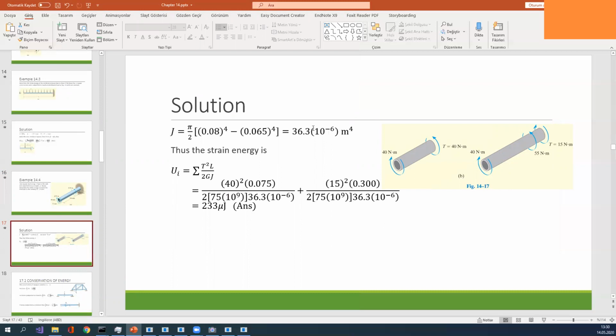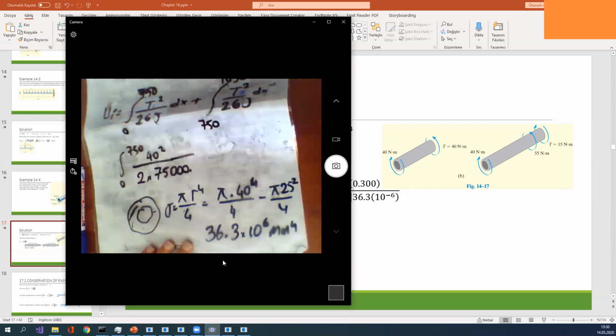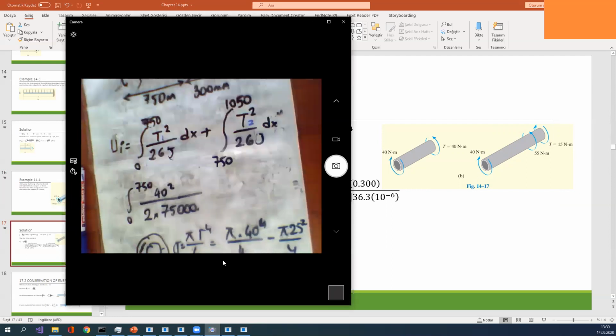Okay, 36.3 times 10 to the power 6 millimeter to the power 4. This is also in Newton meter, but I want to convert to Newton millimeter.